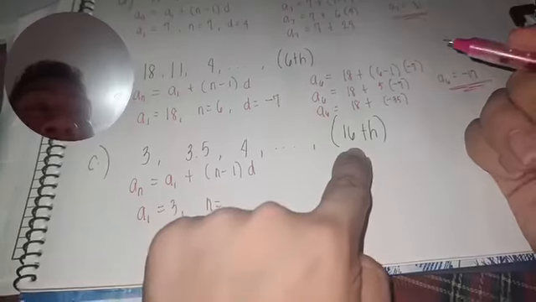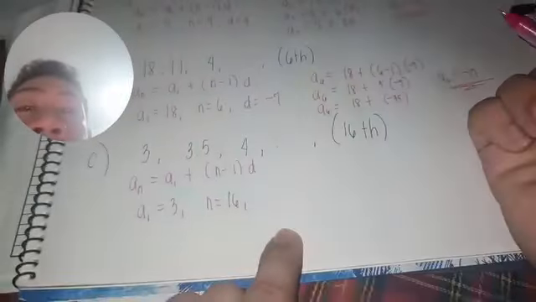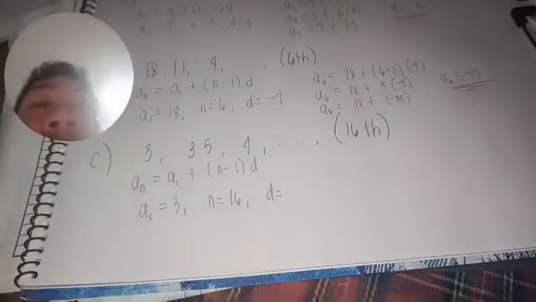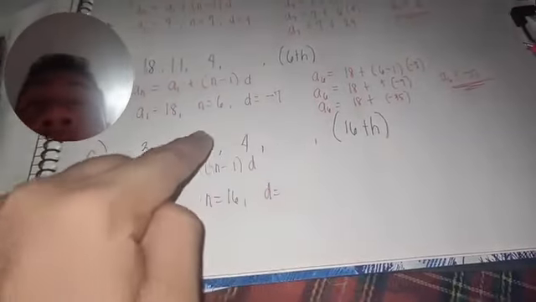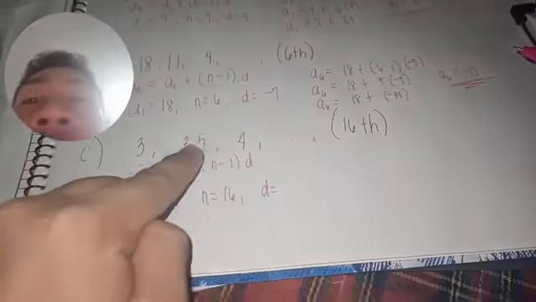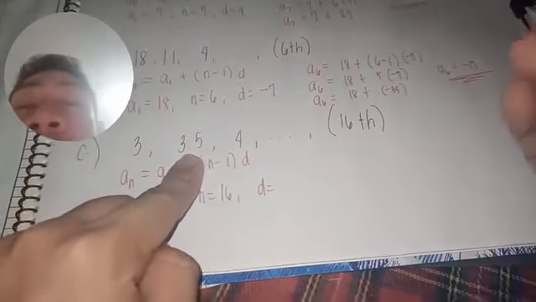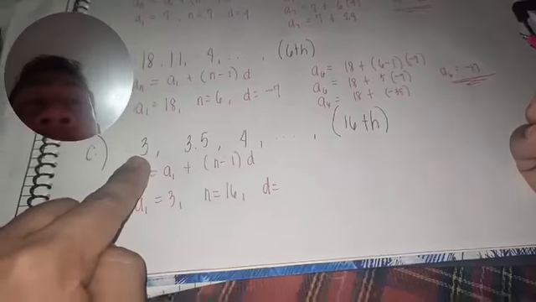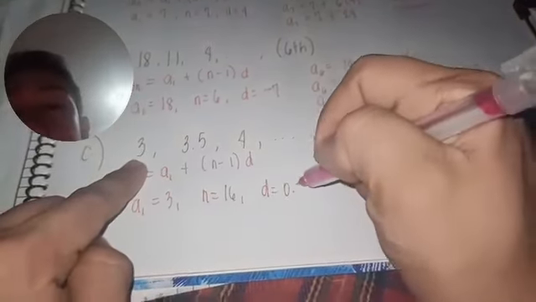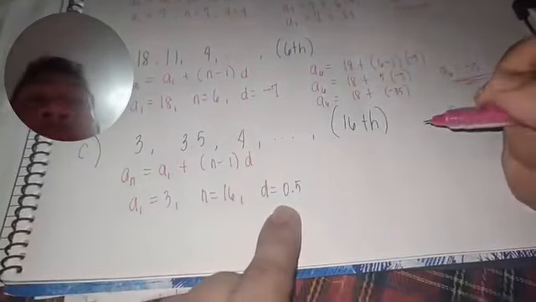We need to know our n. Our n is 16. We need to know the difference. Again, the difference is simply subtracting the last term by the previous term. 4 minus 3.5 is 0.5. 3.5 minus 3 is 0.5. Hence, the common difference is 0.5.